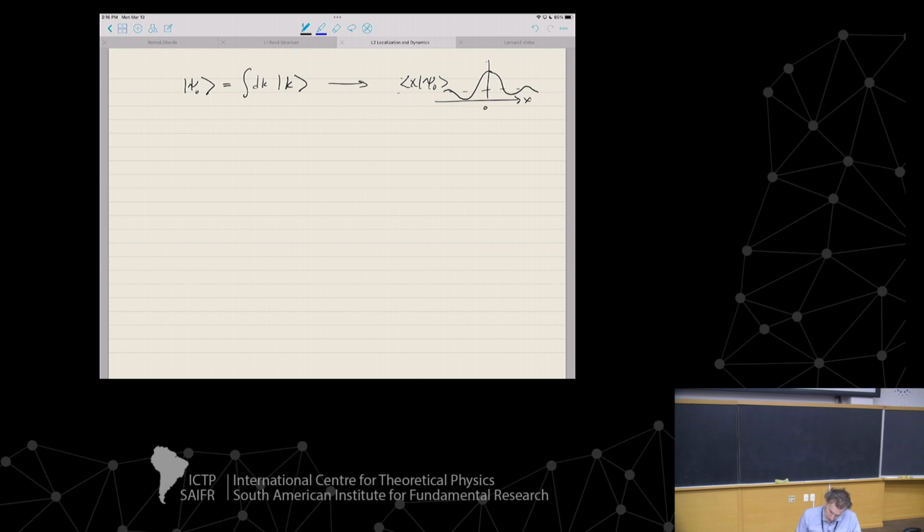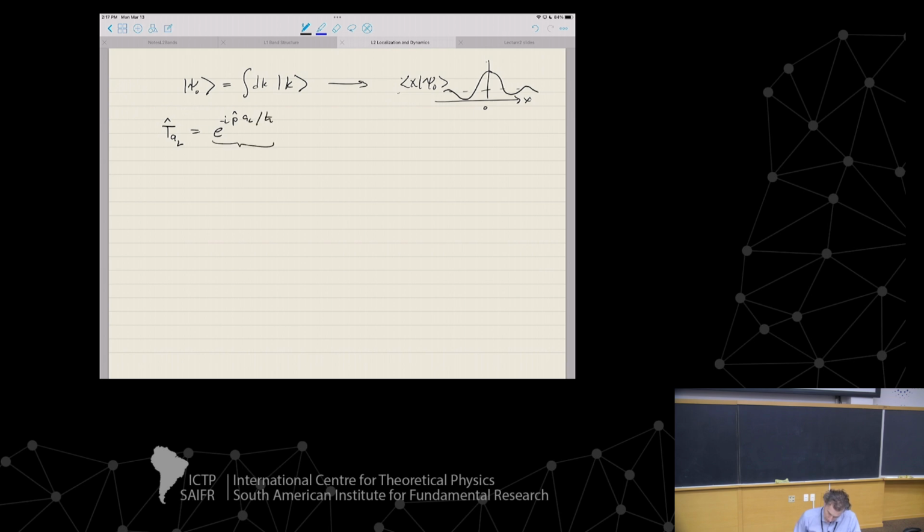If I want to instead have this thing displaced by one lattice site, let's say, then I want to apply a translation operator, moving things around by AL. And the translation operator is e to the minus i p hat times the translation AL over h bar, right?